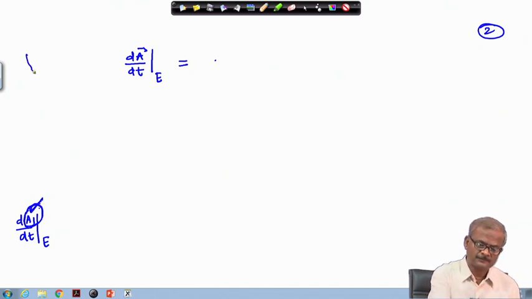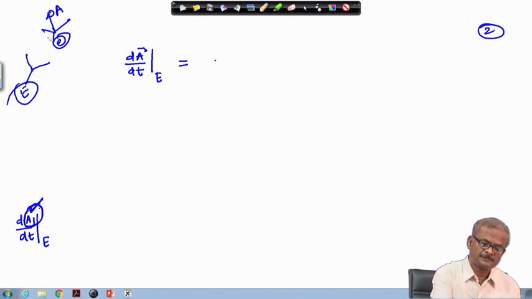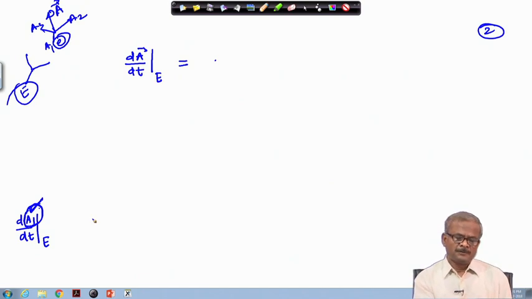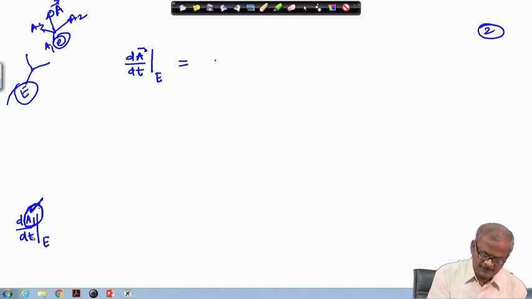There is a vector A here, with the E frame and the body frame, and its components along the axes are A 1, A 2 and A 3. So this dA 1 by dt in the E frame will be equal to dA 1 by dt in the body frame.